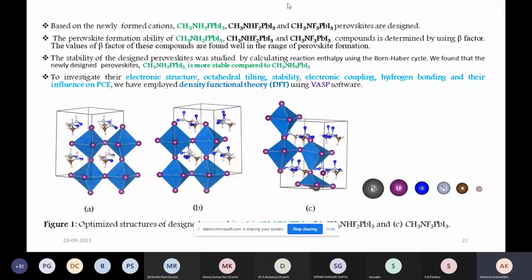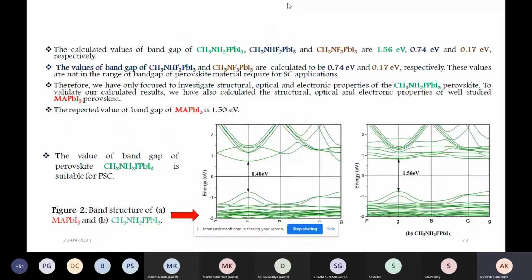Okay, let's see what the band gap is, and what the optical properties of these compounds are. What is the structural stability of these compounds? In order to check this, we did density functional theory calculations using the VASP software. Okay, and look at this. We first calculated the optical band gap, which is basically the essential part for a compound to be used as an energy harvesting material in a perovskite solar cell.